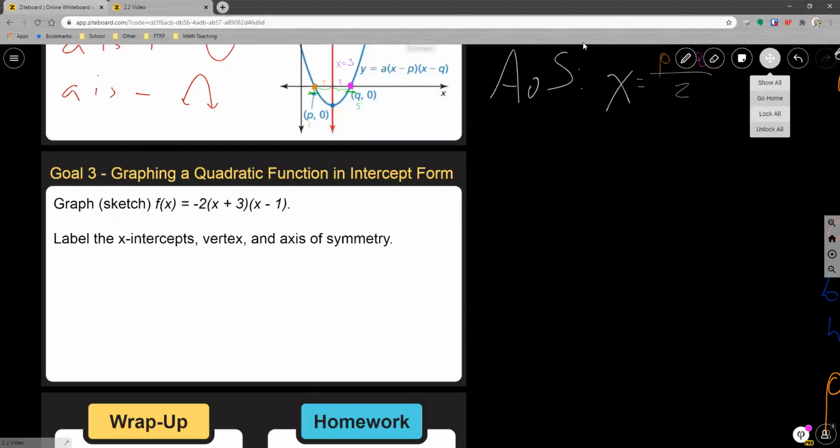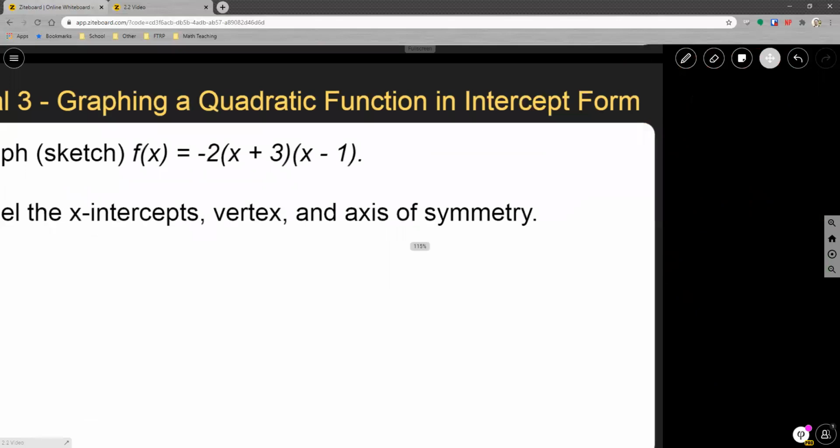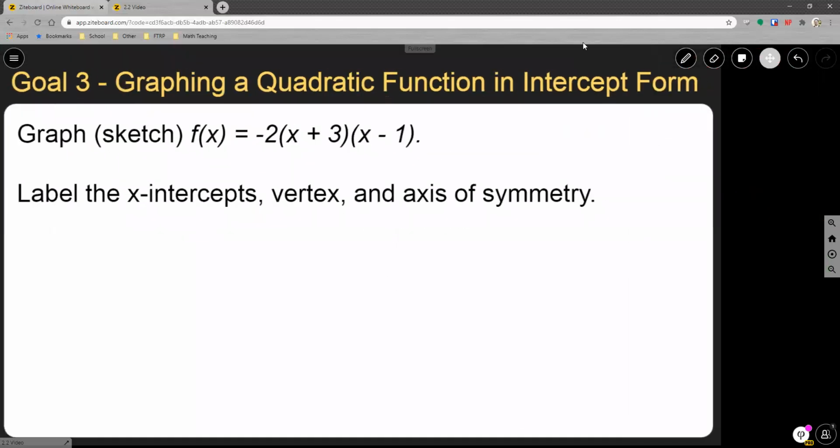All right, so let's try an example here. We want to graph, and in my case, we're going to sketch f of x equals -2 times x plus 3 times x minus 1. So first thing is I'm going to identify my three values. A is -2.